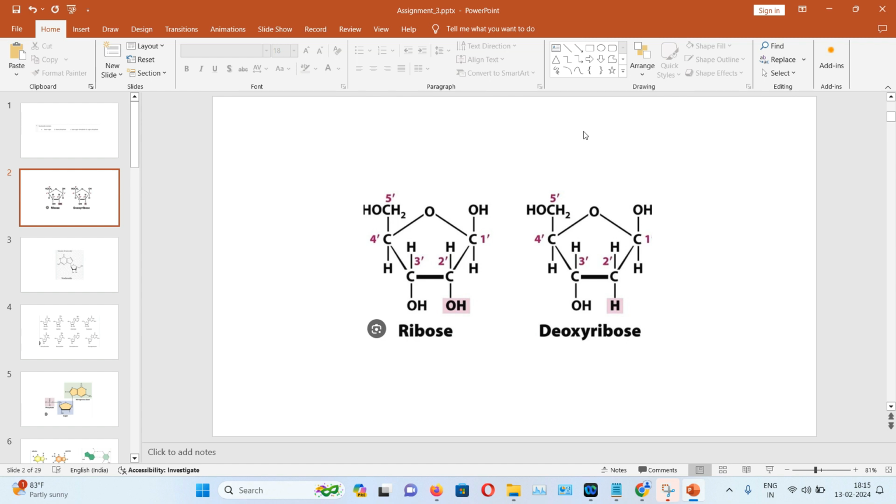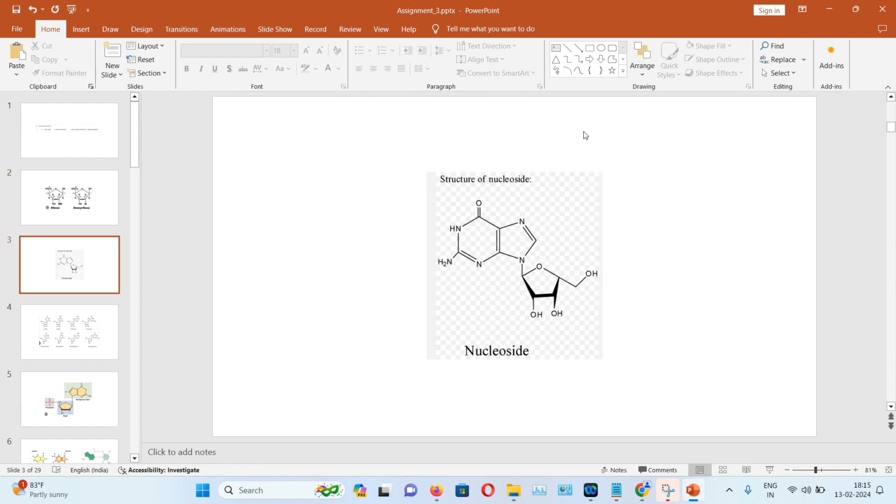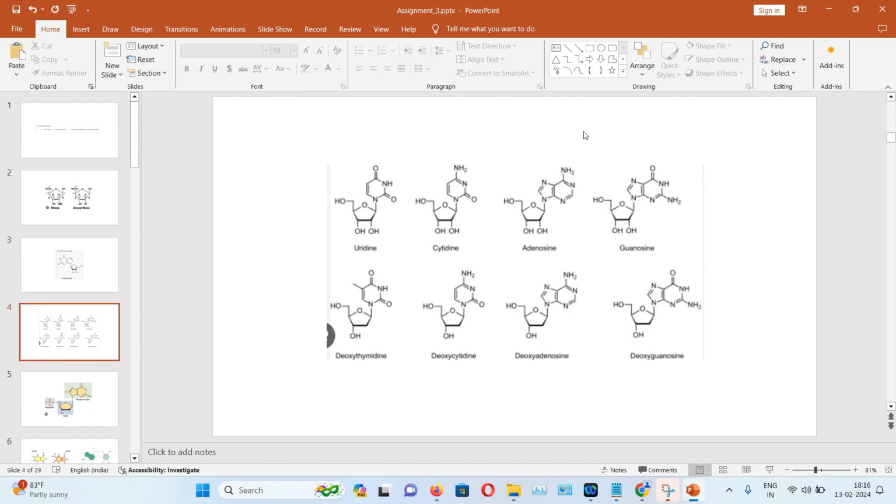Okay, and this is the sugar part in our DNA or RNA. Now comes the nucleoside. This sugar, along with a particular nitrogen base, is called a nucleoside. So sugar plus a particular nitrogen base is called a nucleoside.